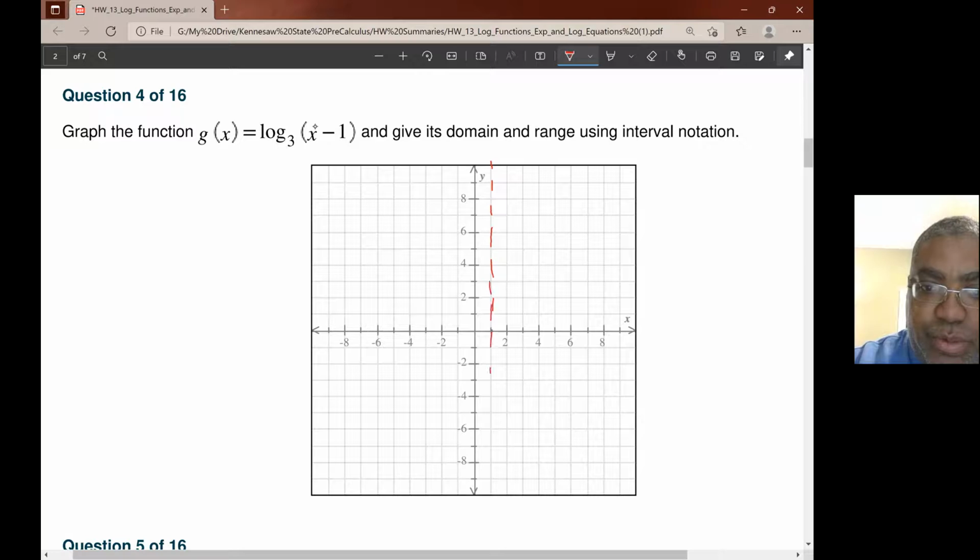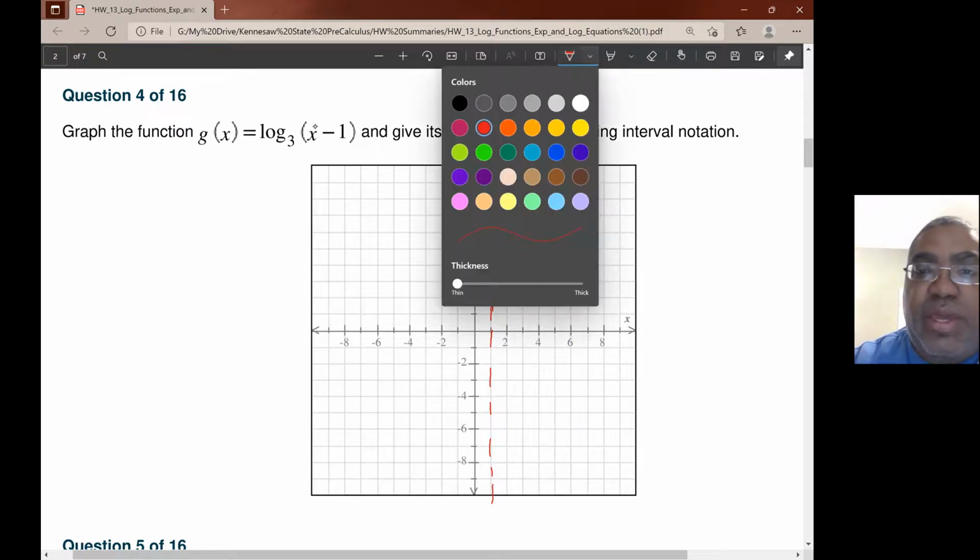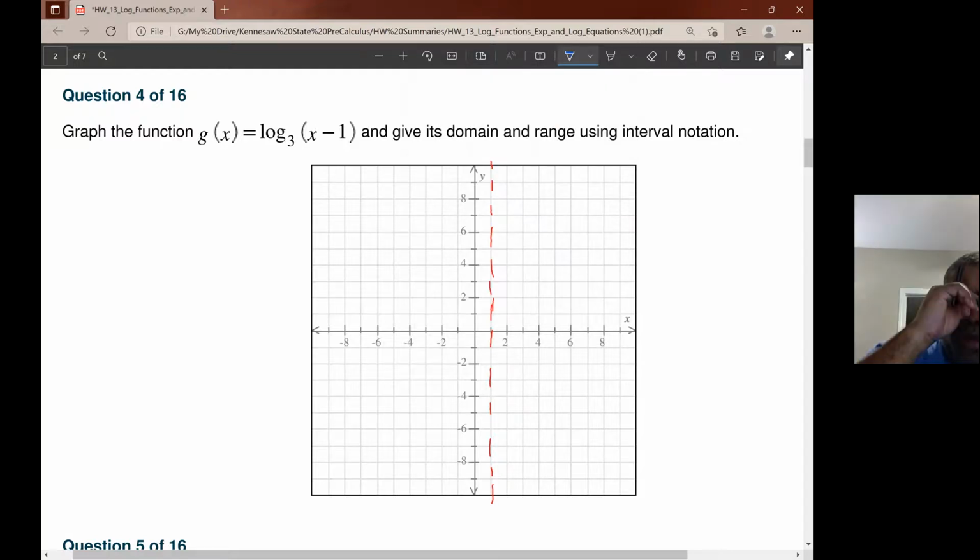The graph looks like the inverse of an exponential function. But there are a couple different points we need to know. If I plug in 2, I get the log base 3 of 1, which we know is 0. So 2 is my x value, 0 is my y value.